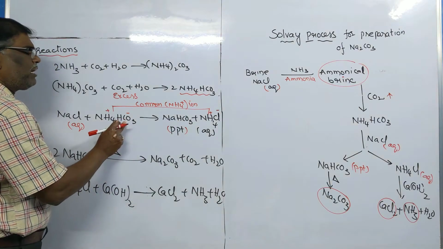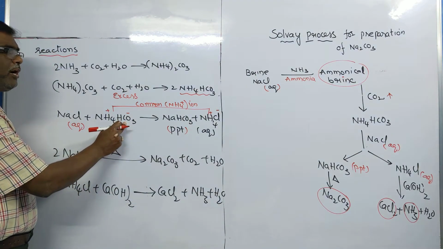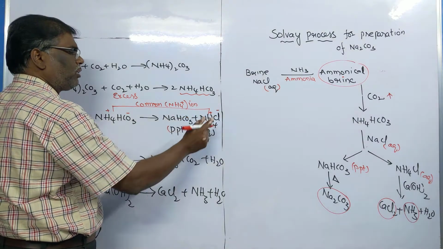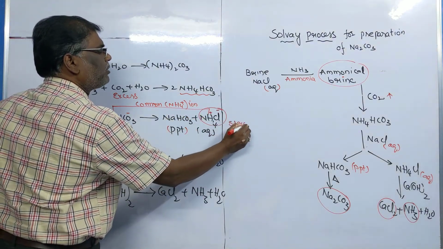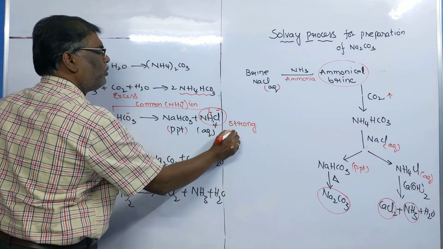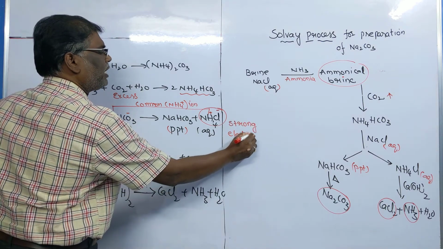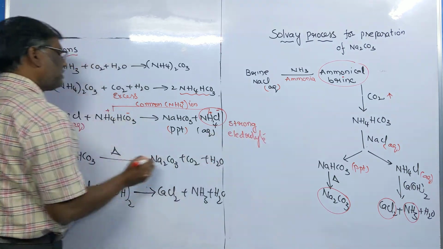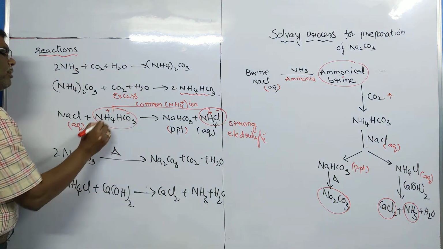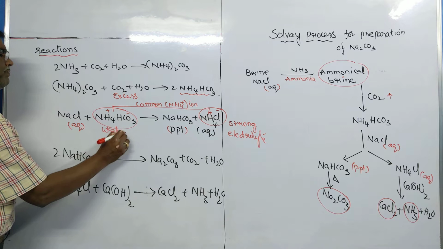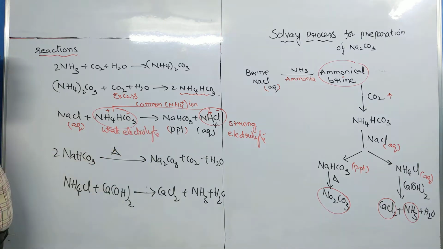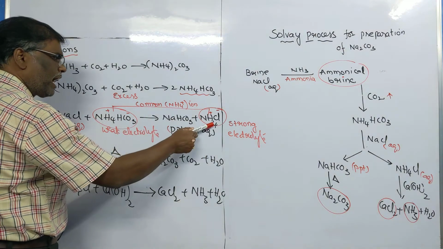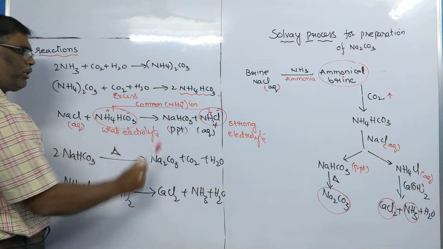Because of the common ion, the solubility of a weak electrolyte is lowered by a strong electrolyte. You know, ammonium chloride is a strong electrolyte, whereas ammonium bicarbonate is a weak electrolyte. What is the common ion effect? These two have the common ion ammonium.